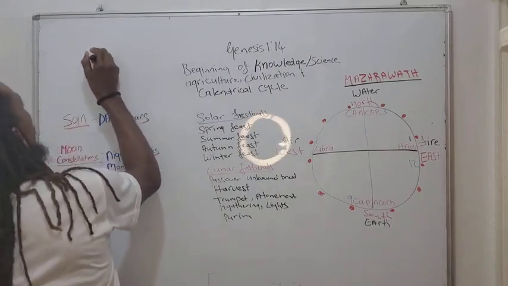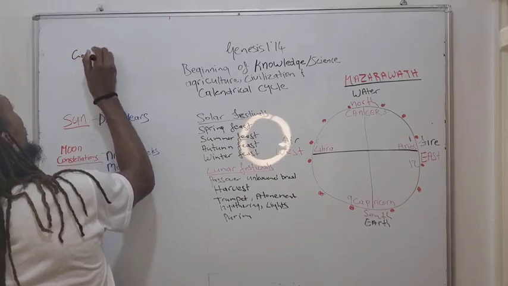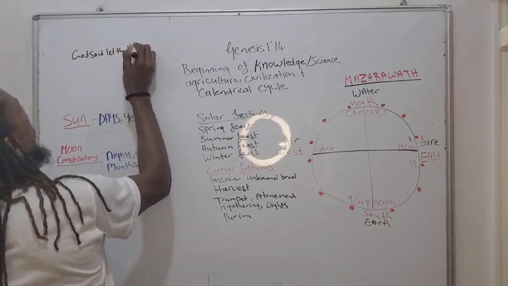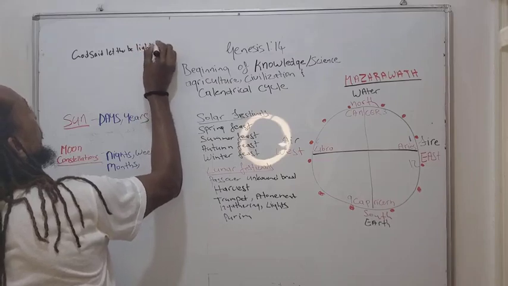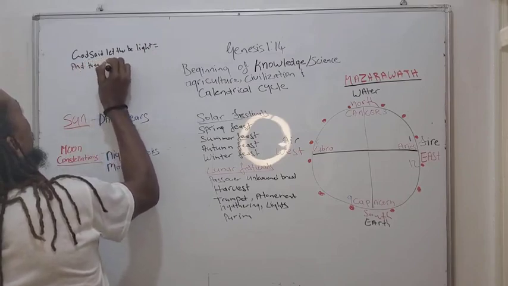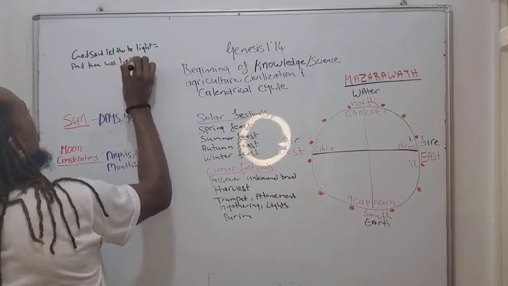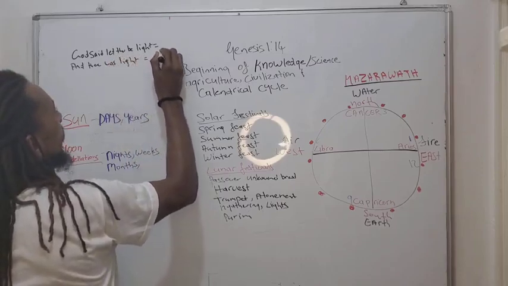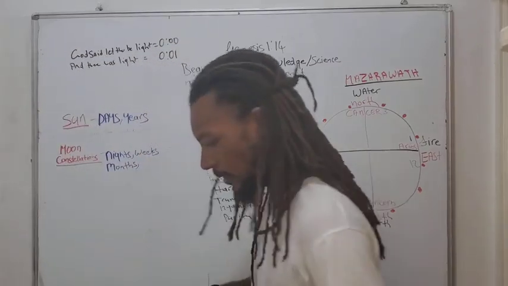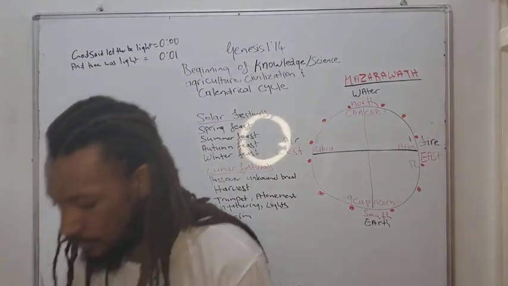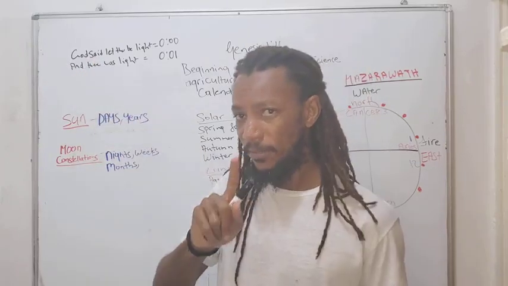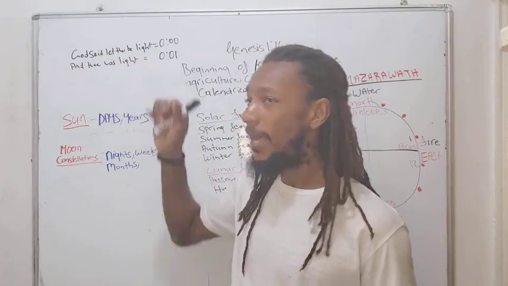God said, let there be light. And there was light. So here's an example. The first thought, God said, let there be light.